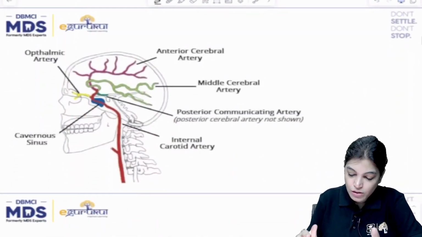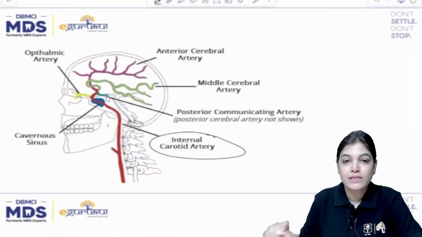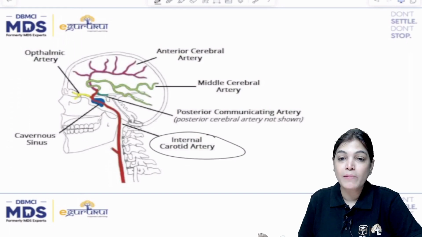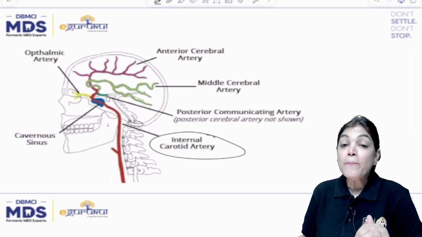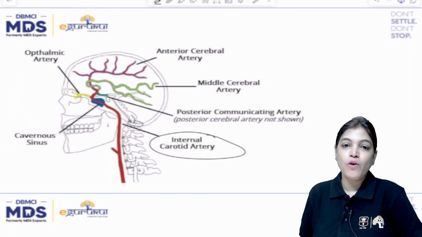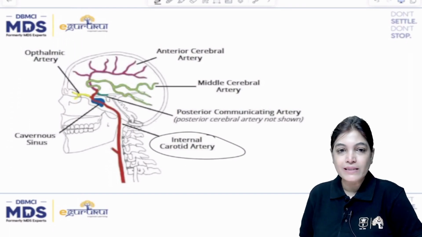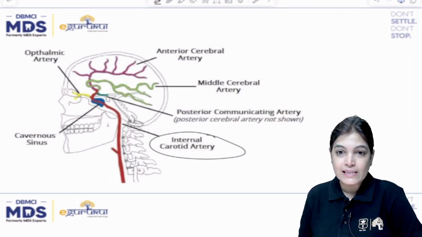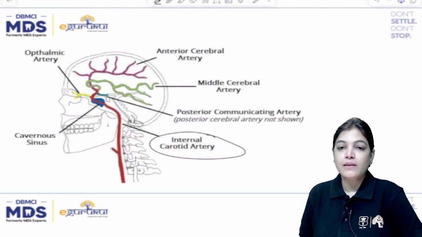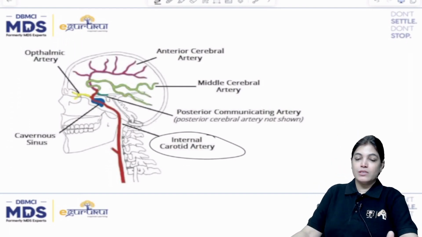As in this image you can also see, the internal carotid artery is a branch from the common carotid artery. Common carotid artery bifurcation takes place at the level of the C4 cervical vertebra, and the internal carotid artery forms a major source of blood supply to the brain structures. The external carotid artery will give blood supply to the neck region, and many important branches are given from it.